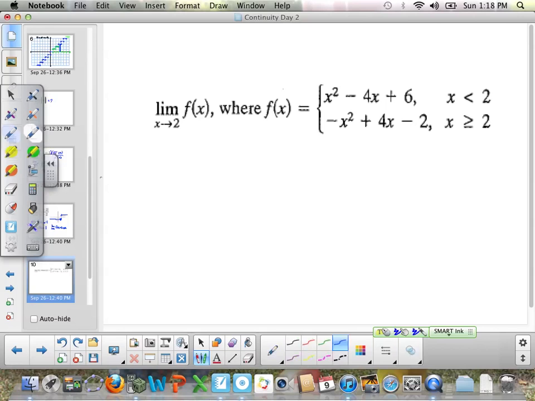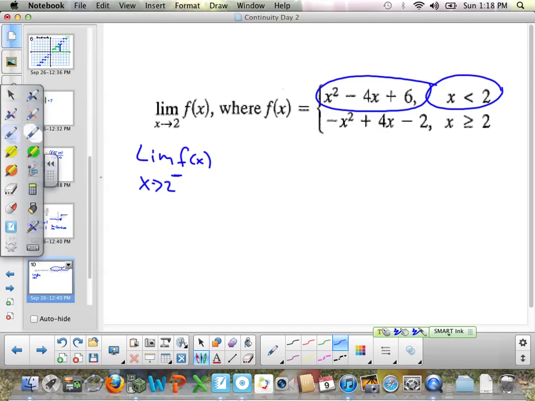We want to first look at it from the left, the negative side. So I'm going to plug 2 into there, and you don't need to show this step. You can do this mentally. 2 squared is 4. 4 times 2 is 8. 4 minus 8 is -4 plus 6 is 2.